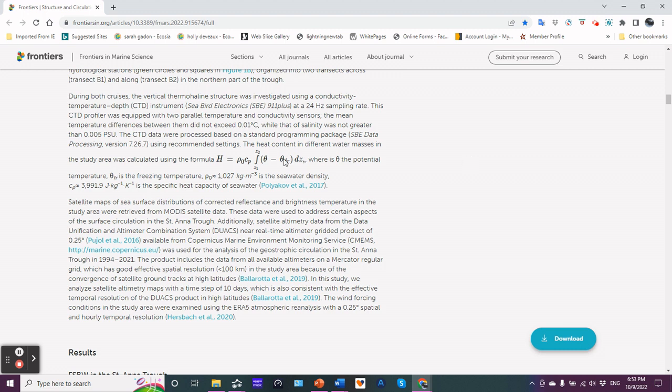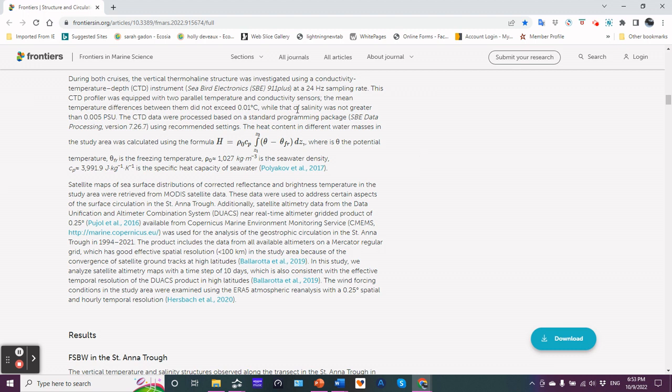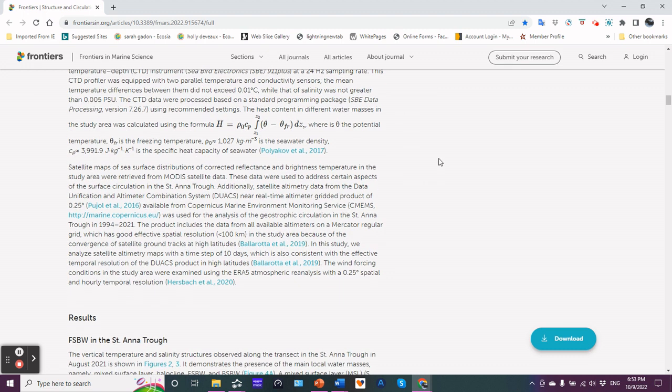CTD is invaluable. This is how we do physical oceanography. And they say Seabird Electronics 911 plus, okay, and a 24 hertz sampling rate, whatever. And give further descriptions of the unit, fine.